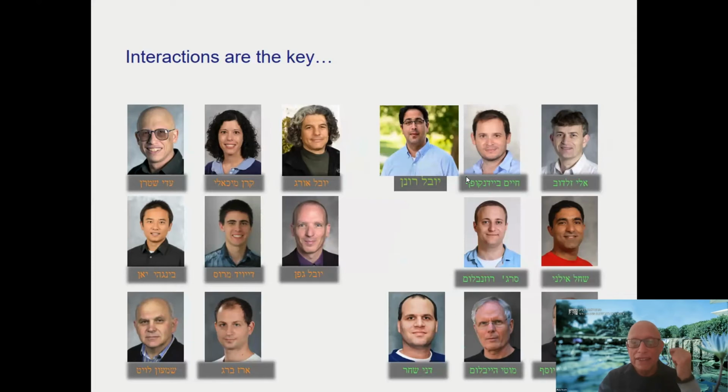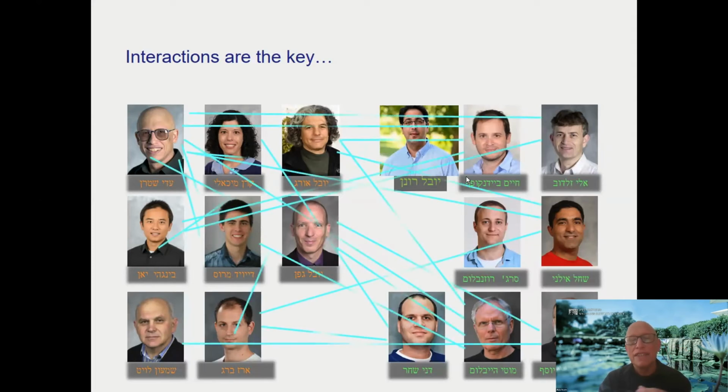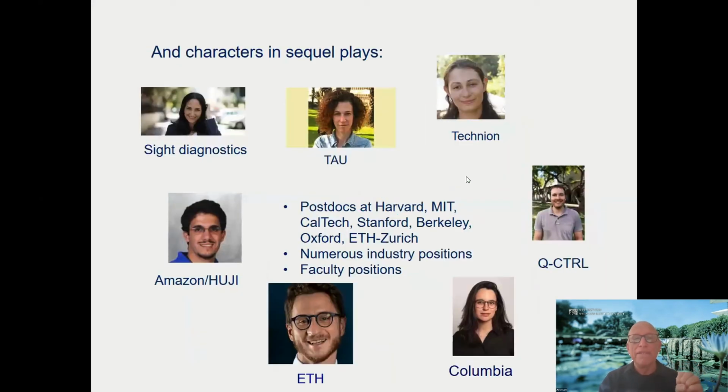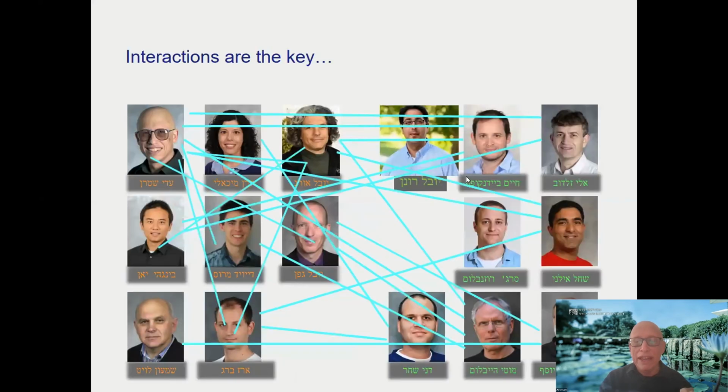And the key are the interactions. And you see that's the interactions between people in the department. I think that one thing that makes our department particularly strong is this rich network of interactions.